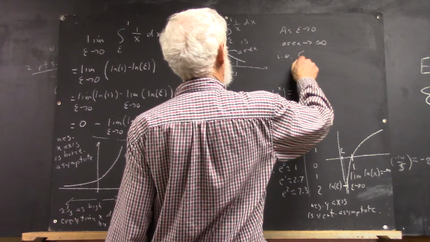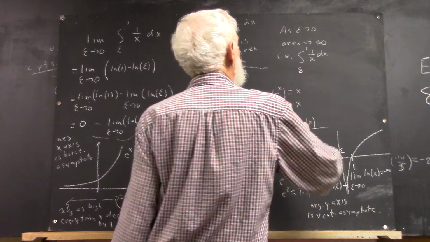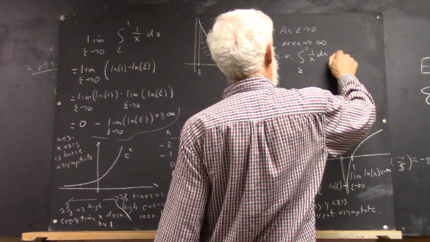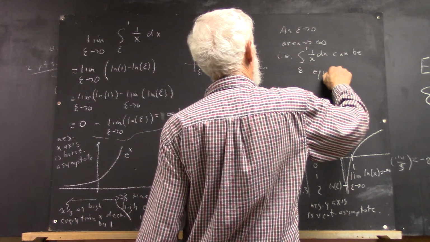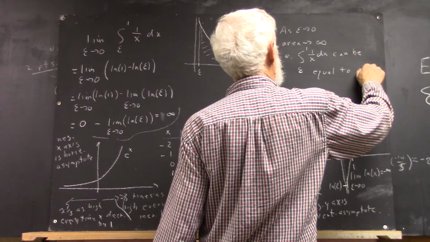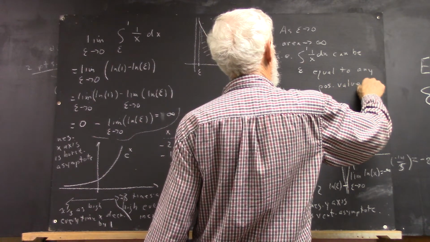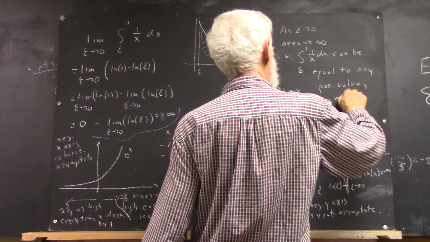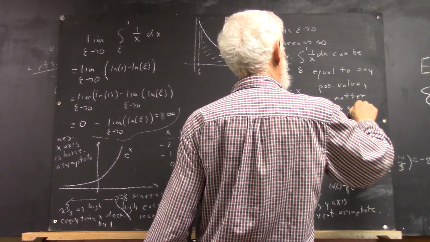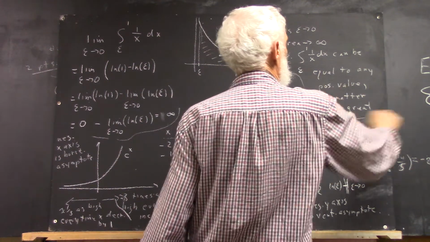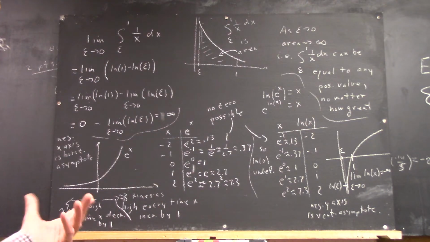So I can say that this means that the integral from epsilon to 1 of 1 over x dx can be equal to any positive value, no matter how great, if you choose the right epsilon.